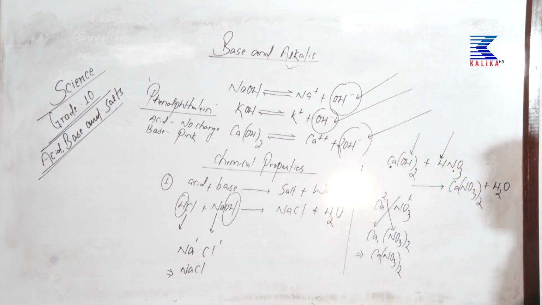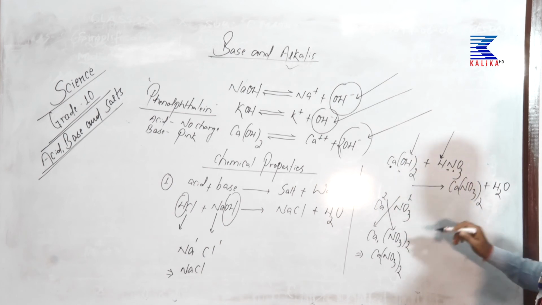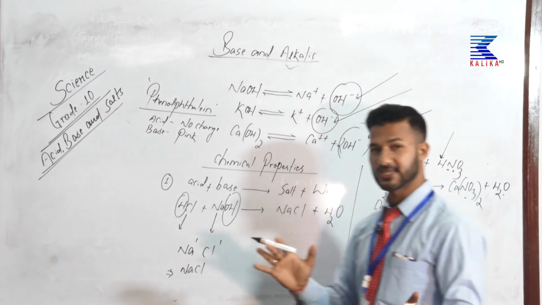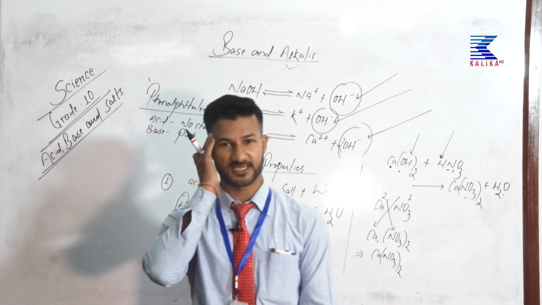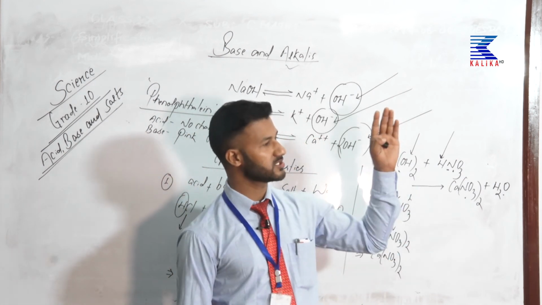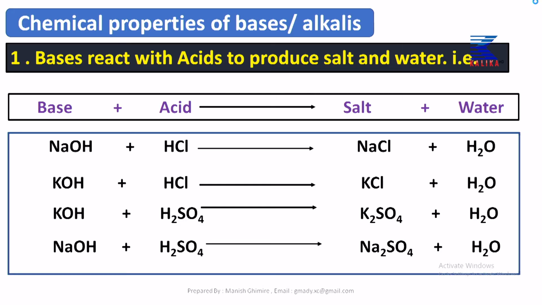For final, acid plus base, salt and water. Keep in mind, please keep in mind, it's very easy. Some other examples are mentioned on the screen as well. The final one, let us talk about sodium hydroxide plus sulfuric acid, sodium sulfate and water. Move to next.